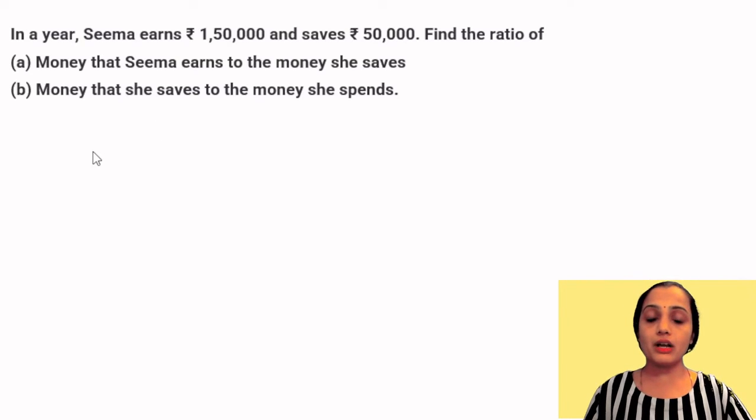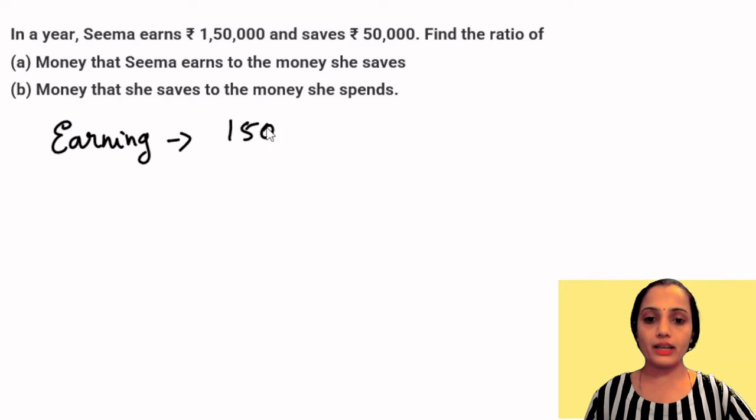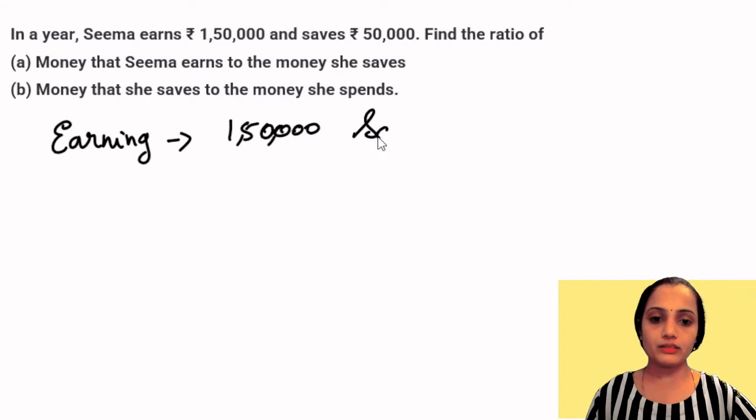Here we have Seema earning 1,50,000 per month and she saves 50,000 per month. So earning is 1,50,000 and saving is 50,000.